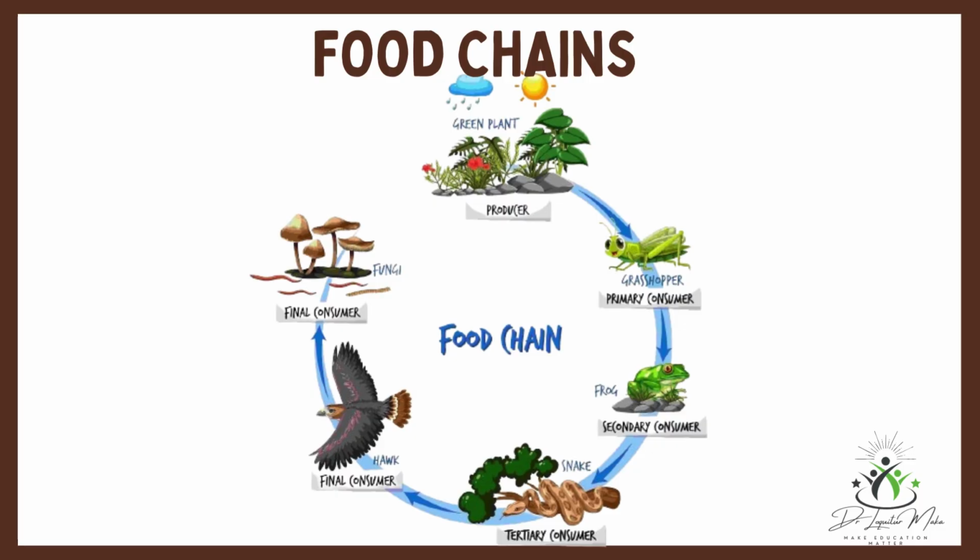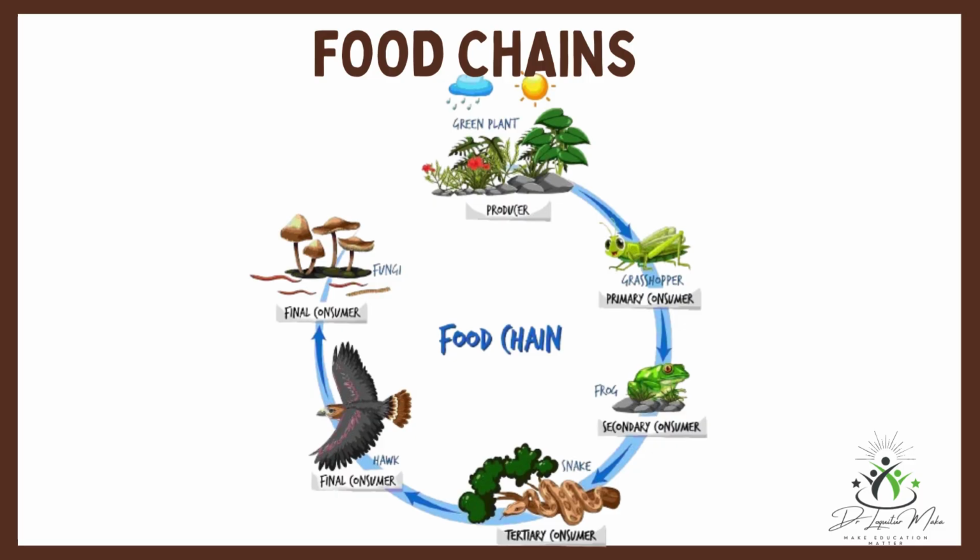And then we've got another consumer, Mr. Frog. Mr. Frog now consumes Mr. Grasshopper. Does it make sense? And it doesn't end there. Mr. Frog also gets eaten by Mr. Snake.